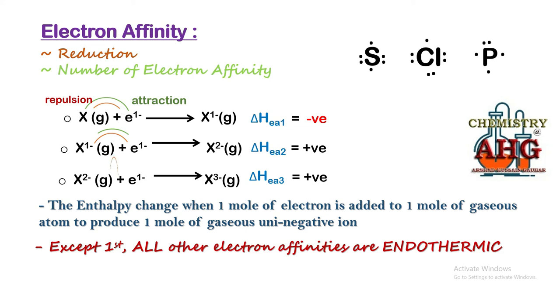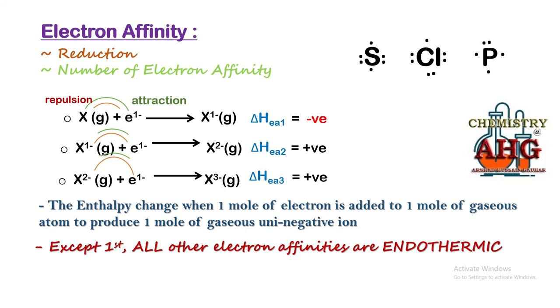And even more so in third electron affinity, where inter-electronic repulsion is much greater compared to the attractive force. So energy absorbed is much greater compared to the energy released. So remember simply why first electron affinity is exothermic while all other electron affinities are endothermic: because repulsive force dominates the attractive force due to inter-electronic repulsion.